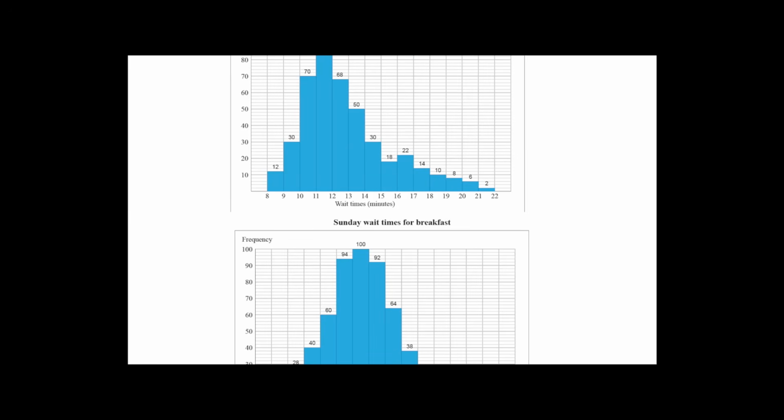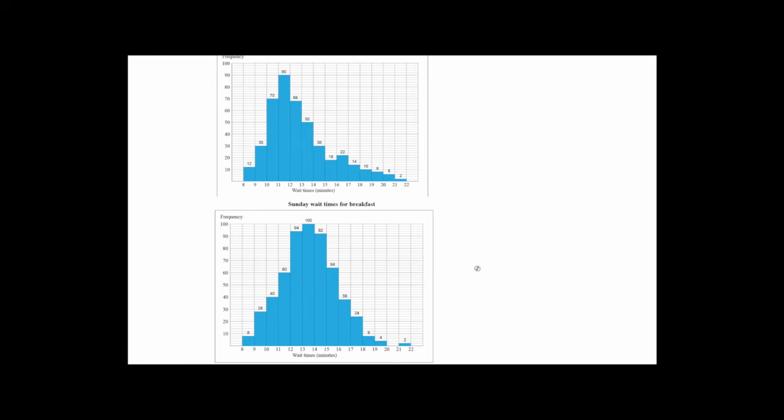And let's make them a little bit smaller. So here's Saturday. Saturday up here. This is a Sunday. So this is how it's given to you in the exam. So what do we notice is the difference?